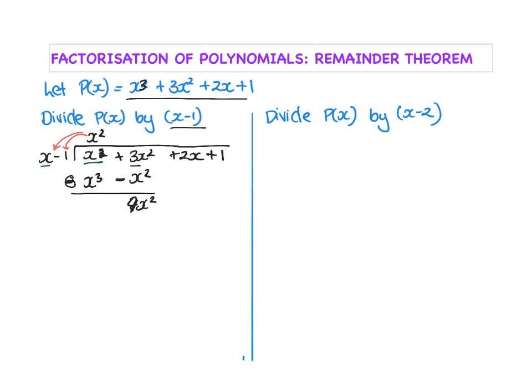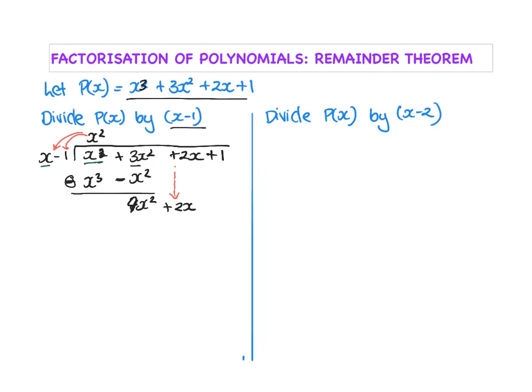Now we want to do the same thing again, but we're going to bring this down so it's sitting there, so I have a term later to subtract. So we're dividing this 4x squared by this x here.